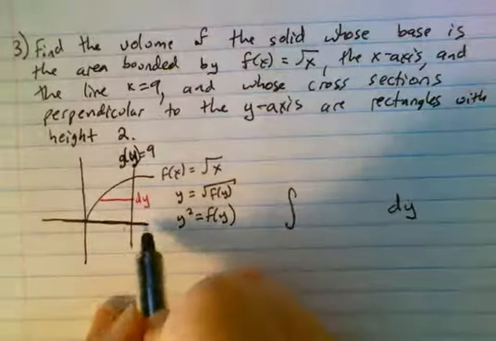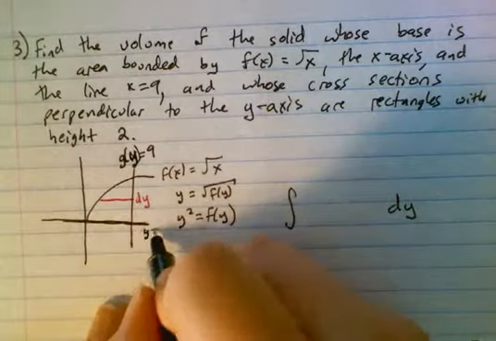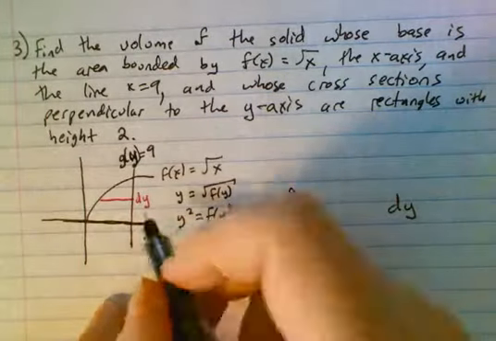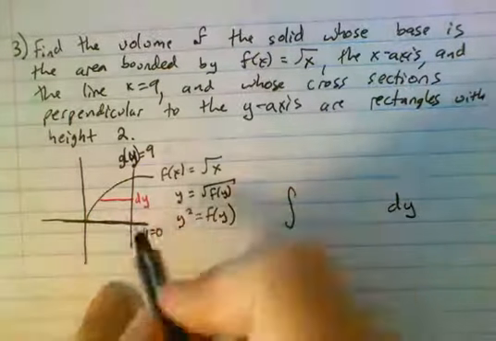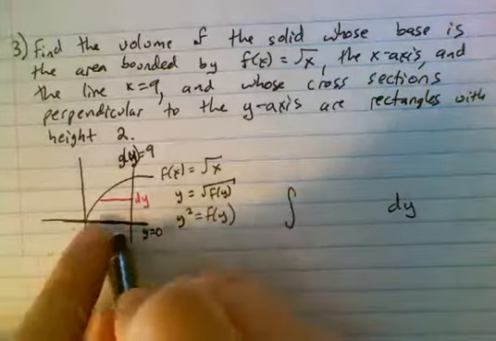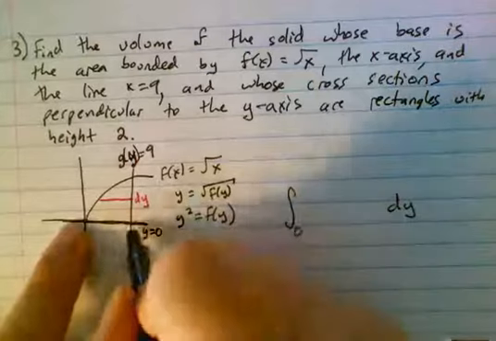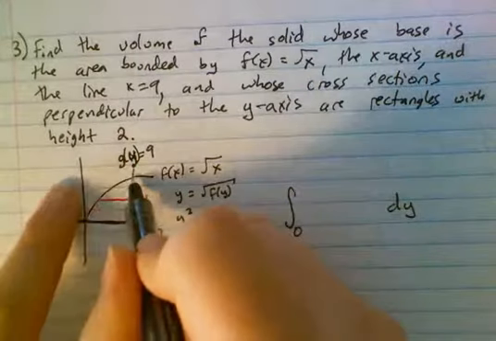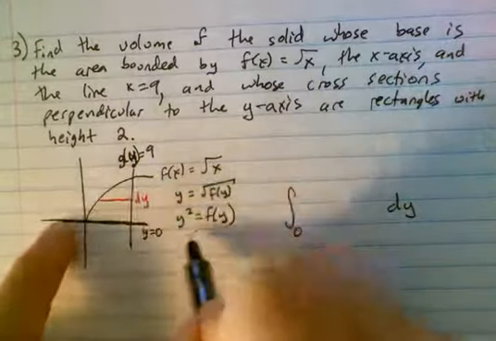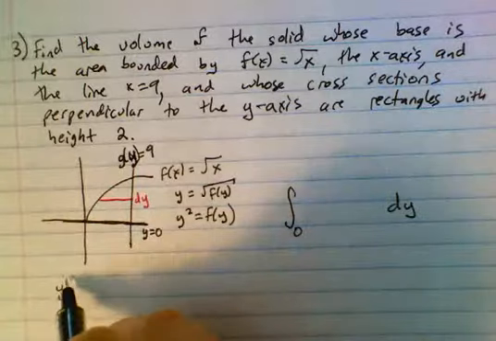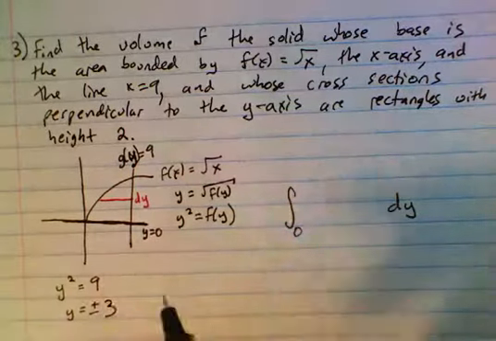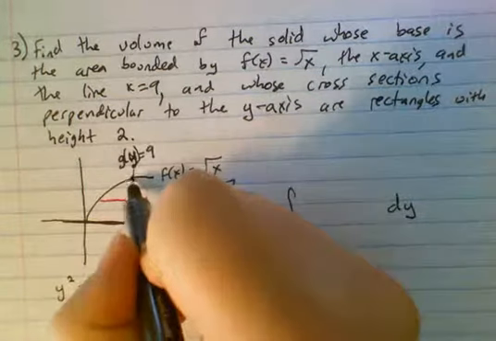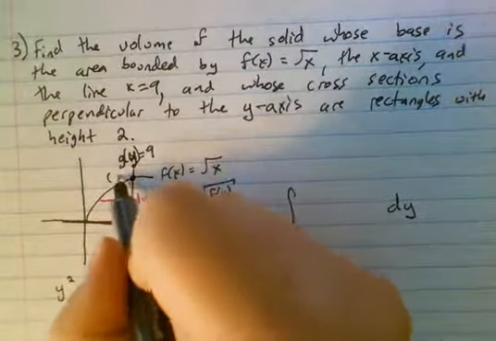And then this right here is y equals 0, because that's the equation of the x-axis. So I'm going from here where y equals 0 up to here where g of y equals 9 and f of y equals y squared. So y squared equals 9, y equals plus or minus 3. This is clearly a positive value for y, so this must be the point something comma 3.